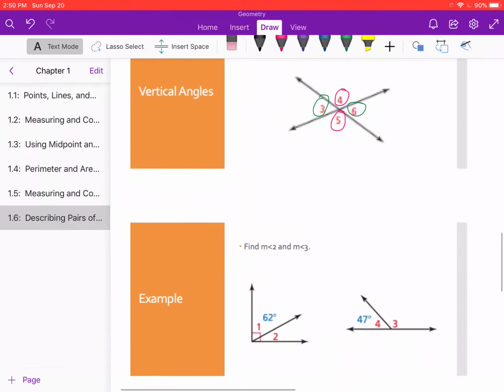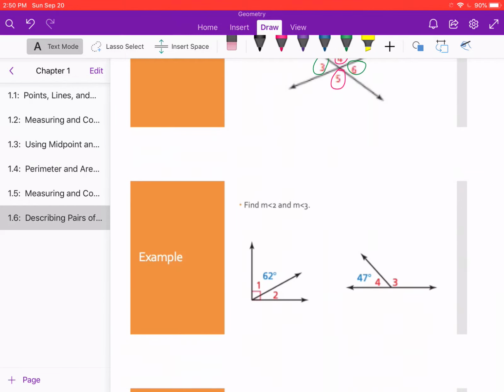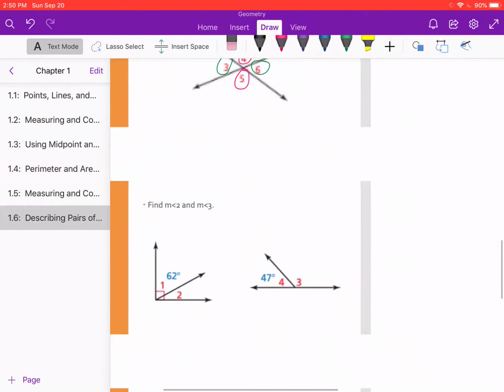So let's do some examples that use these kinds of terms. Find the measure of angle 2 and the measure of angle 3. So the first one, to find the measure of angle 2, we know by looking at that box that angles 1 and 2 are complementary. So when they're complementary, we know that they add up to 90 degrees.